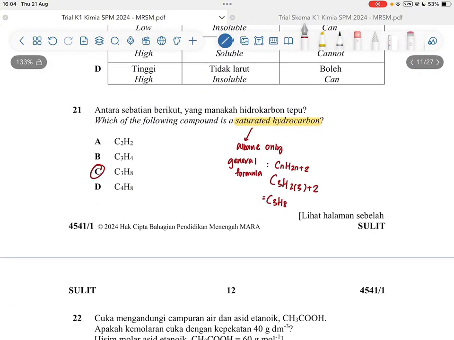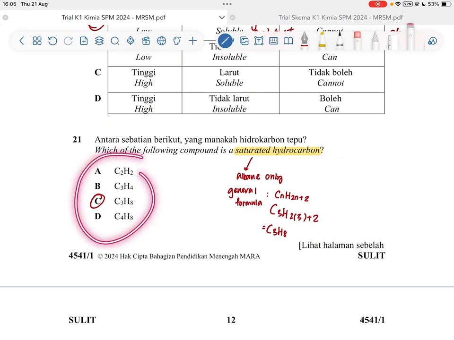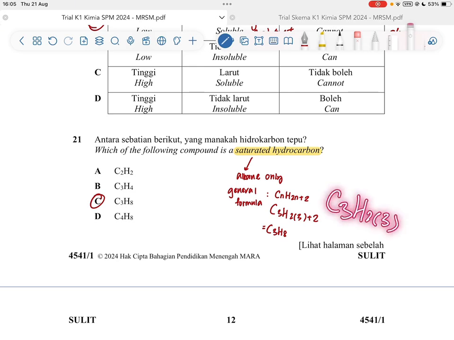Question 21. Which of the following compounds is a saturated hydrocarbon? So you need to know that saturated hydrocarbon is only referring to alkane. And the general formula for alkane is CnH2n+2, where from these options we can substitute 3 into this formula, where we will get C3H(2×3+2), which is C3H8.